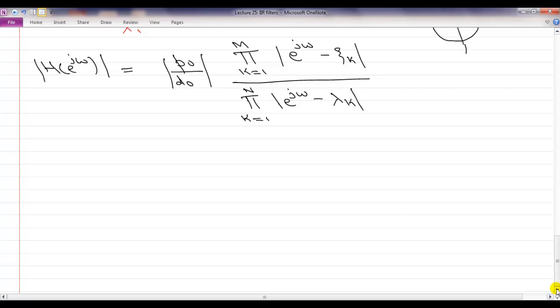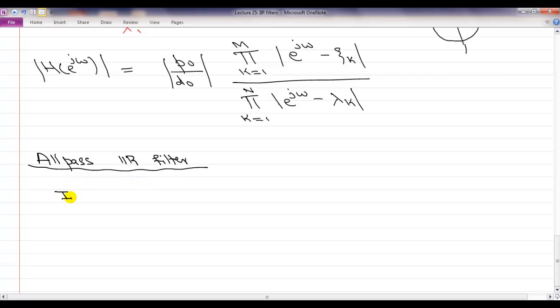Okay, one thing that you don't encounter in FIR filters, but you need to know about IIR filters, is something called an all-pass IIR filter. So this is another type of filter that plays a special role in the IIR filter domain.